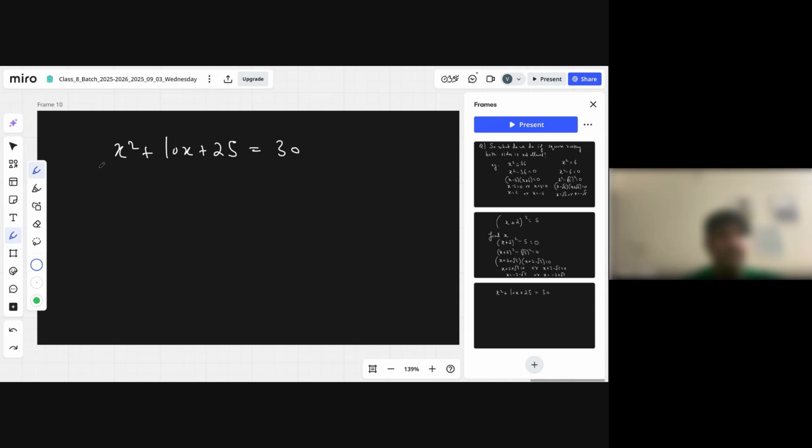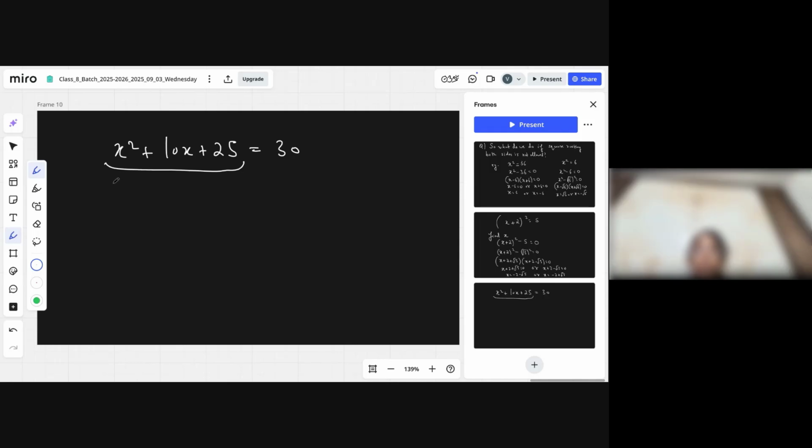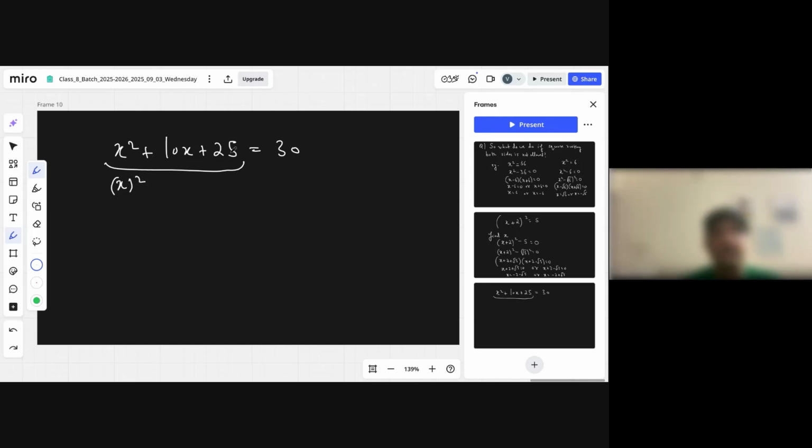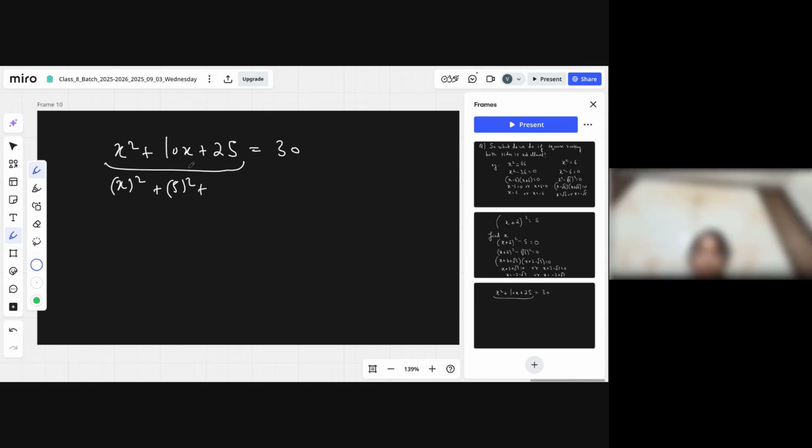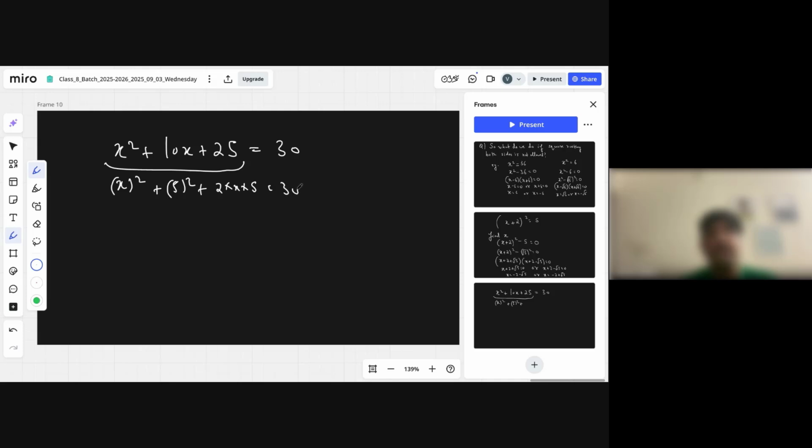See, this left side is an identity form. Can I say this is x square, 25 as 5 square, plus 2 into x into 5? Do you realize this?